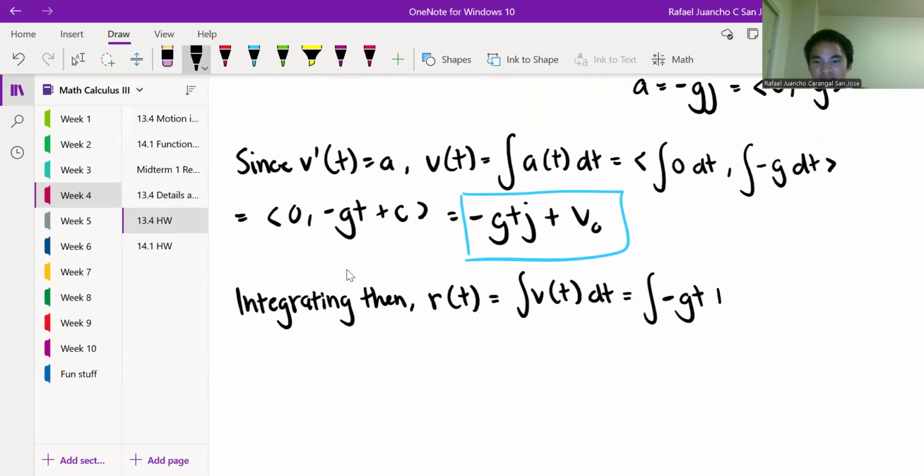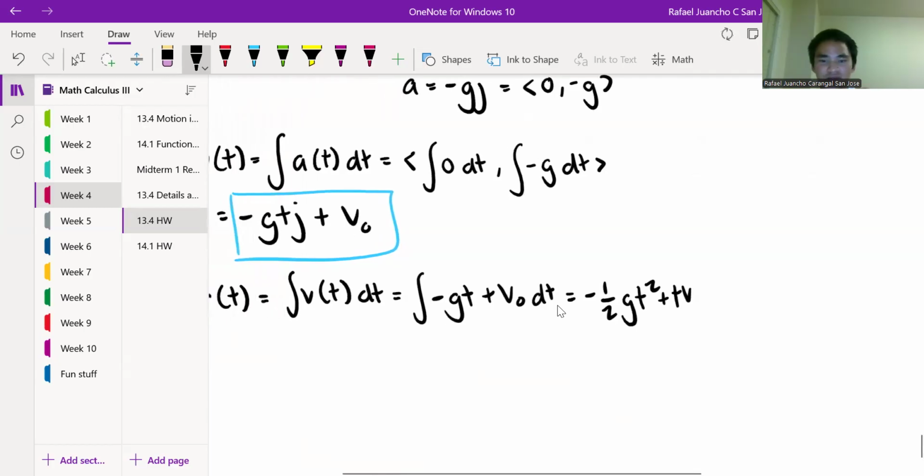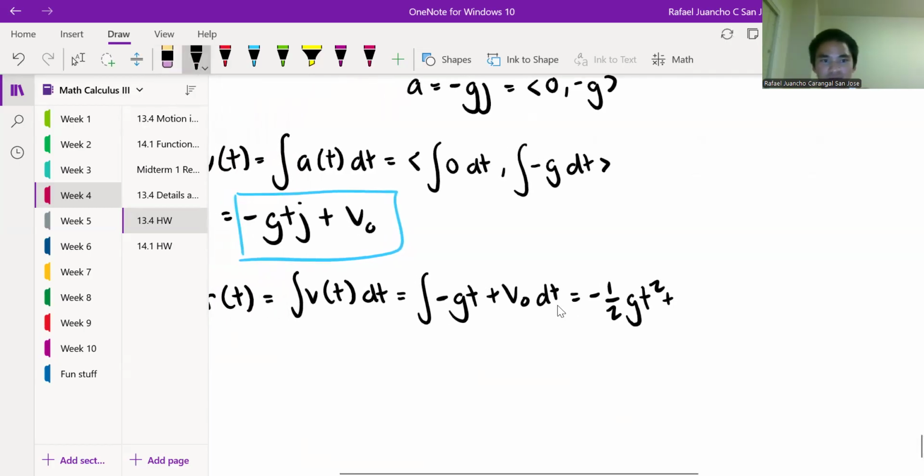I integrate this, and I get something like negative 1/2 gt squared plus t v naught. So here I pretty much don't care what that j is. Okay, actually I need to put the j here. There we go.